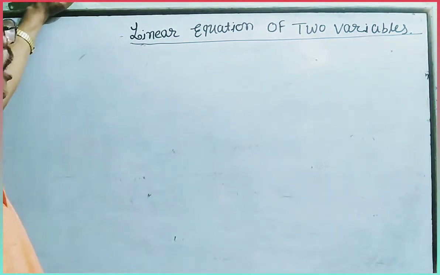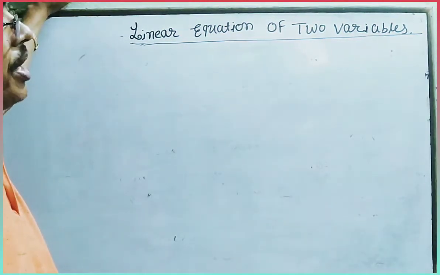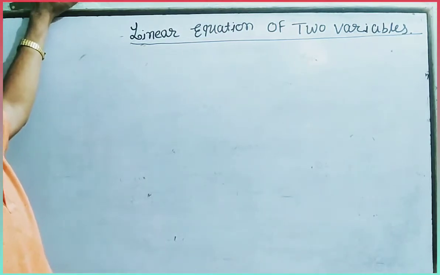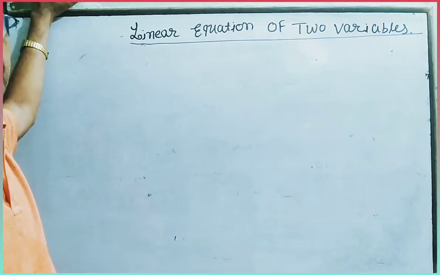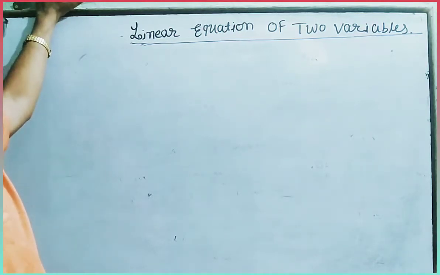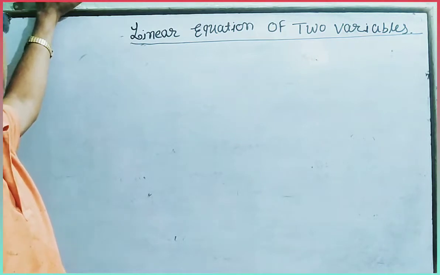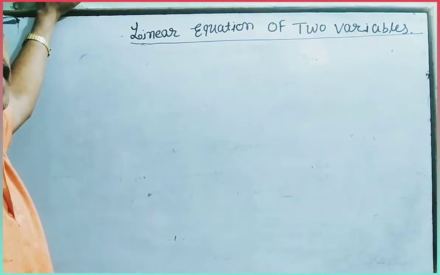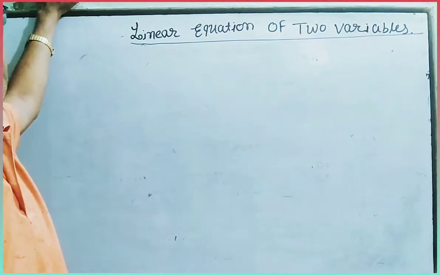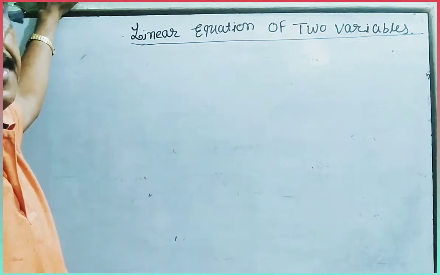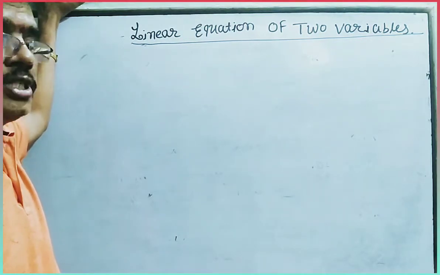For linear equations of two variables, there are methods by which you can find the value of x and y. The first is the graphical method, the second is the substitution method, the third is the elimination method, and the fourth is the cross multiplication method. But nowadays, according to the CBSE rule, cross multiplication is deleted from your syllabus.